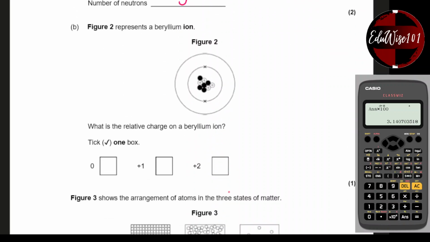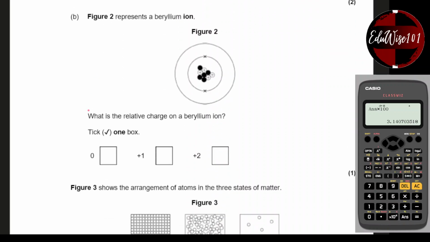Figure 2 represents a beryllium atom. What is the relative charge of a beryllium atom? So beryllium is the 4th element in the periodic table, so it has 4 protons. There's 4 protons with the positive charges, so the overall charge is plus 4 in the nucleus.